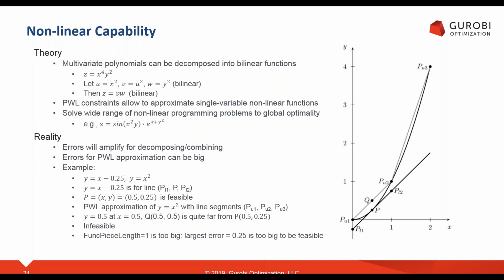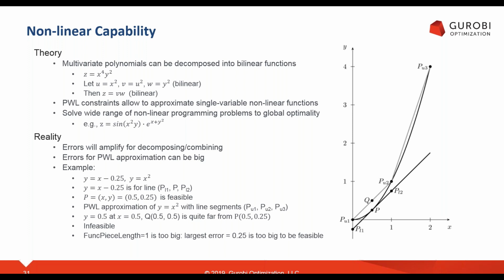But if you use this piecewise linear approximation that is depicted here, then you will find that this piecewise linear approximated program is infeasible, right? Because the linear constraint and the piecewise linear constraint that we use do not have any point in common. And so, in this case, Gurobi will tell you that your problem is infeasible, even though the problem that you have stated with these quadratic functions is actually feasible.